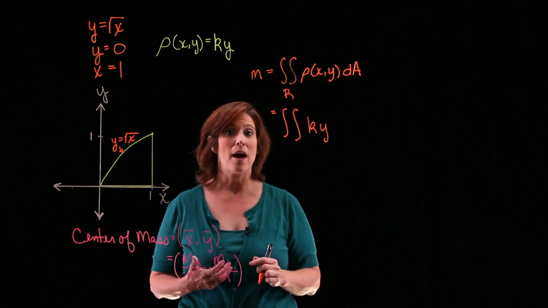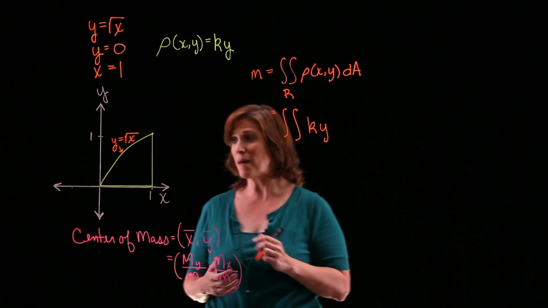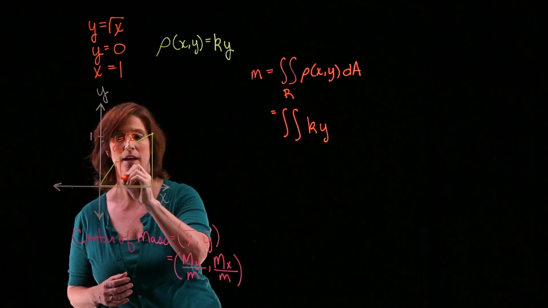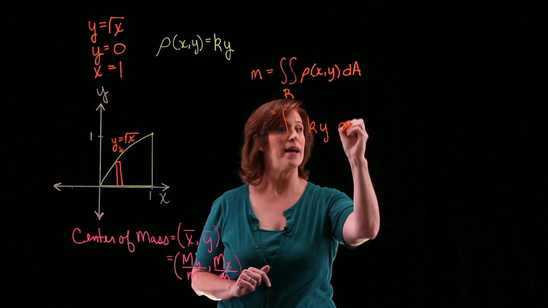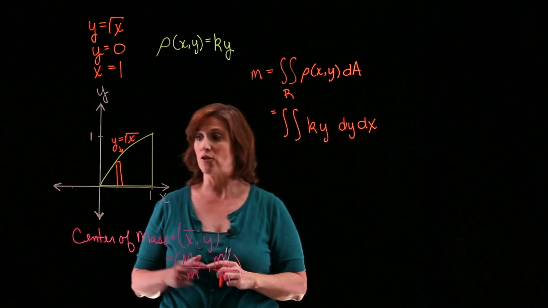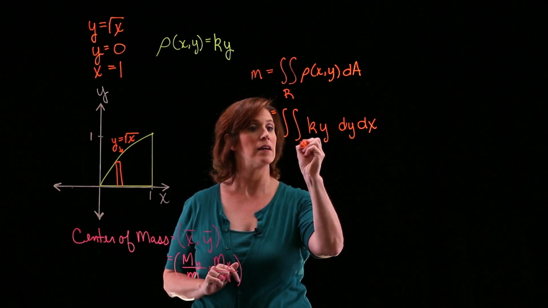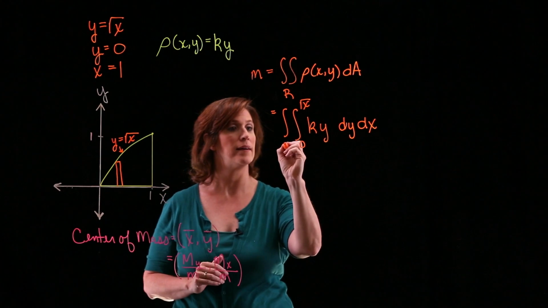I need to decide whether I'm going to use a horizontal or vertical representation, and it doesn't matter which way, but I think I'll go ahead and use a vertical representation. And if I do that, my order of integration will be dy dx. For my limits of integration, I'll be going from 0 to the square root of x, and then from 0 to 1.